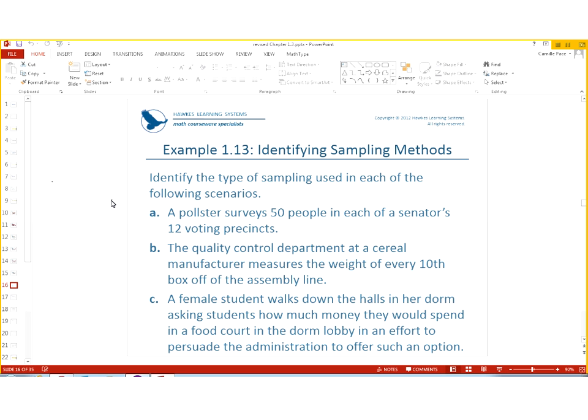All right, let's see which kind of sampling technique we would use. A pollster surveys 50 people in each of the senators' 12 voting precincts. Okay, so they're going to take 50 people from each of the precincts.